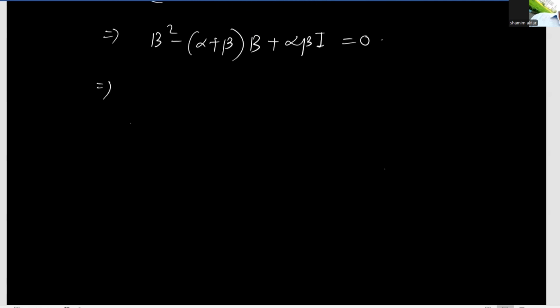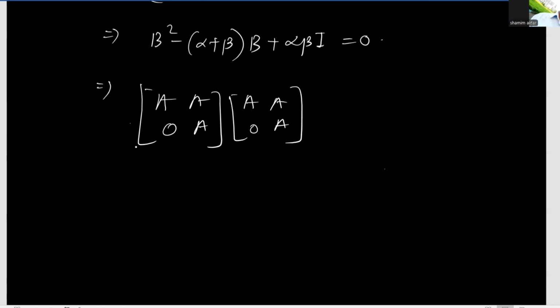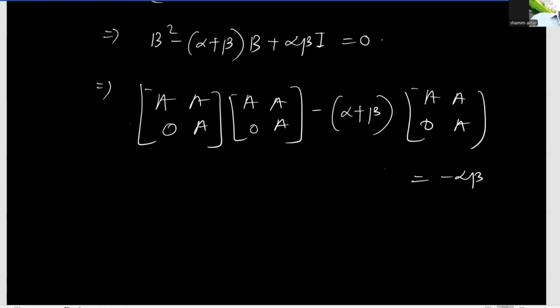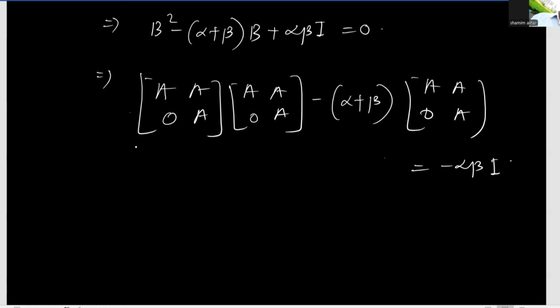Now put the value of B. So this implies [[A, 0], [0, A]] times [[A, 0], [0, A]], minus (alpha plus beta) times [[A, 0], [0, A]], equals minus alpha beta times the identity.